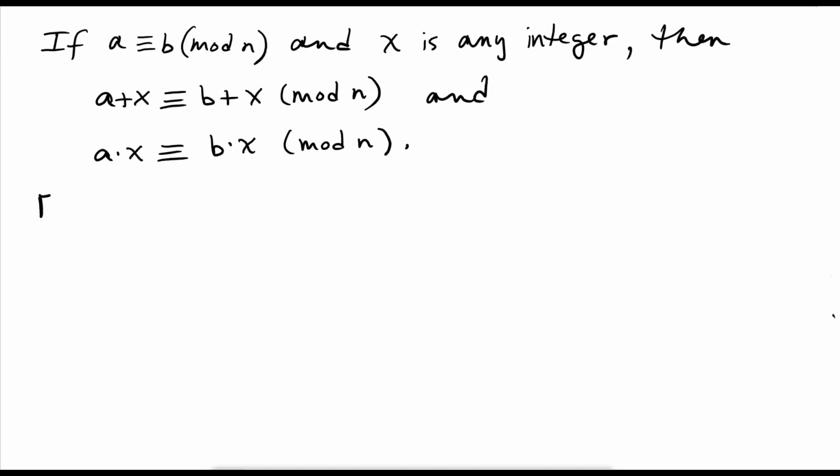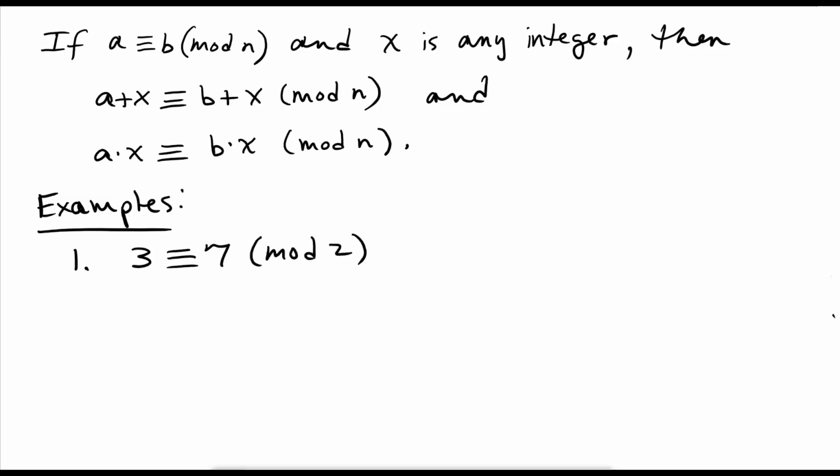So let's look at an example to show this. My first example, like I said before, 3 was congruent to 7 modulo 2. Well, if I were to add a number, let's say 5, 3 plus 5, is it true that that's congruent to 7 plus 5 modulo 2?